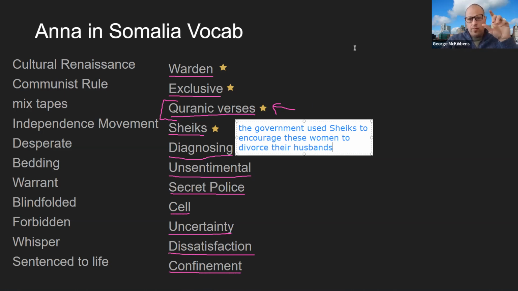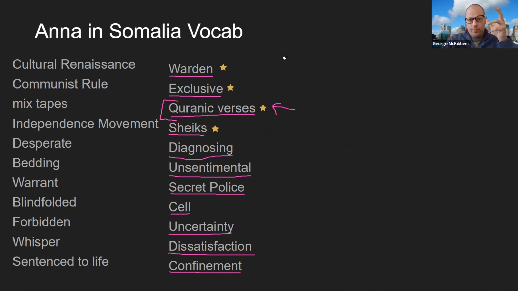And these Quranic verses were strange because the idea is that a woman should not divorce her husband without permission unless the husband disappears for a long time. Well, of course, all these men were disappeared for a long time. Why? Because in a prison? Yeah, because the government took them away.